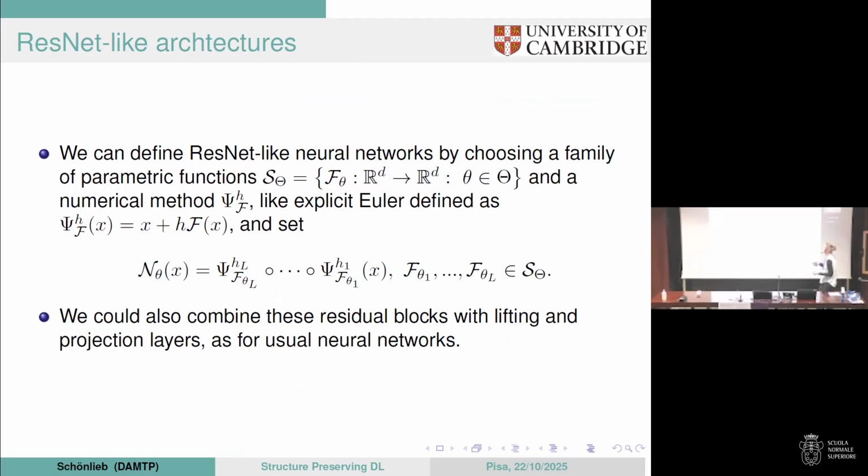And you have a numerical method, like for instance explicit Euler, and you define your layers as this numerical method applied to a dynamical system that comes from this f theta function. And then you combine this, right? And you can also combine it with the typical things that machine learning people are doing later.